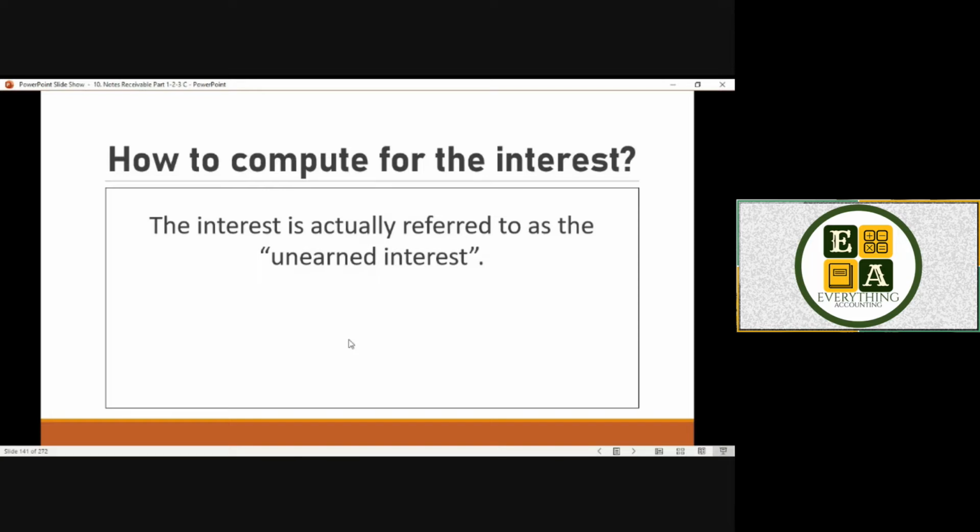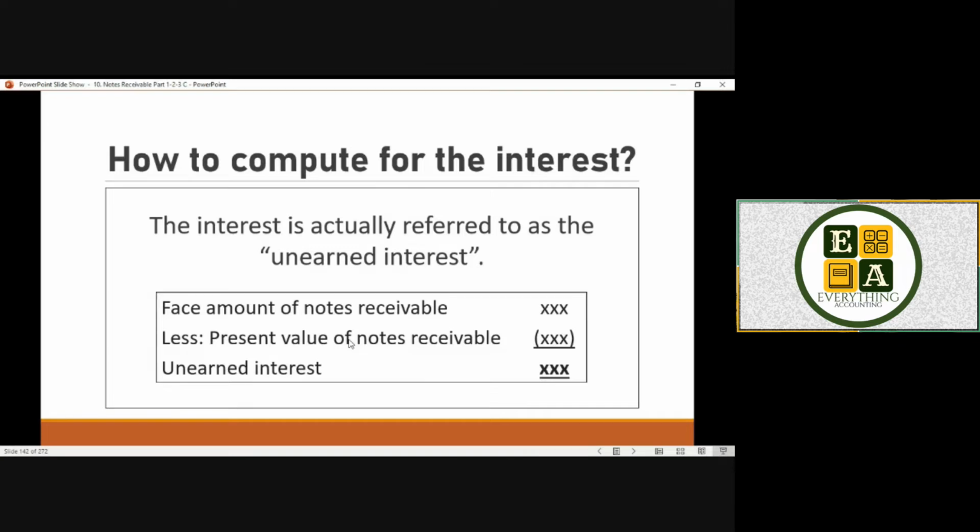In non-interest-bearing, we refer to that interest as unearned interest. In effect, we already received that interest, but for purposes of earning it, it is referred to first as unearned interest.